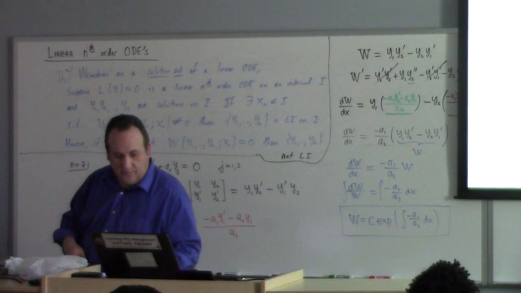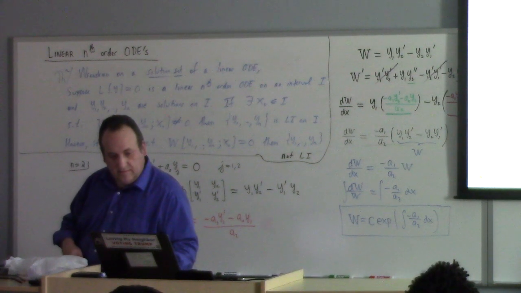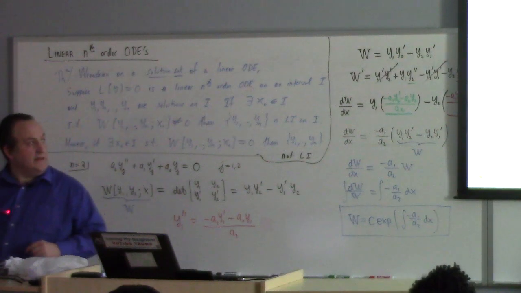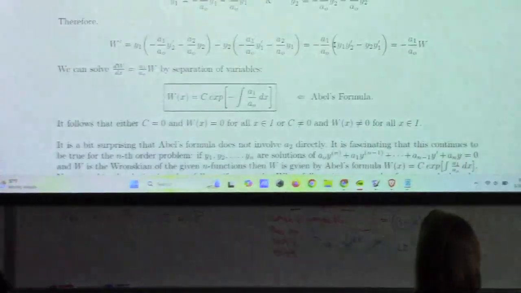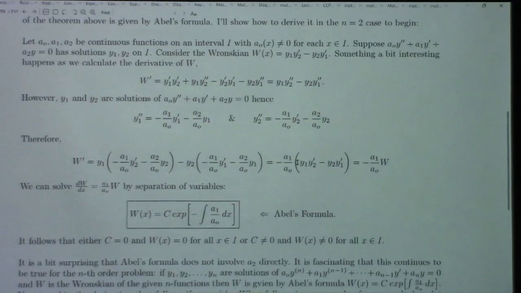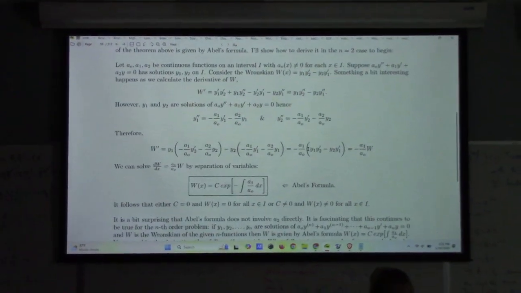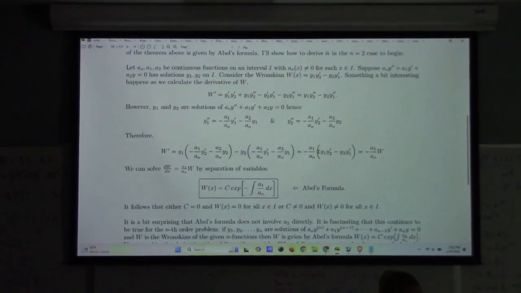The proof in the nth order case, so this is the calculation we just went through together, the n equals 2 case. It turns out that Abel's formula is still true in the nth order case. But the reason for that is a little bit technical, as I shall show you.